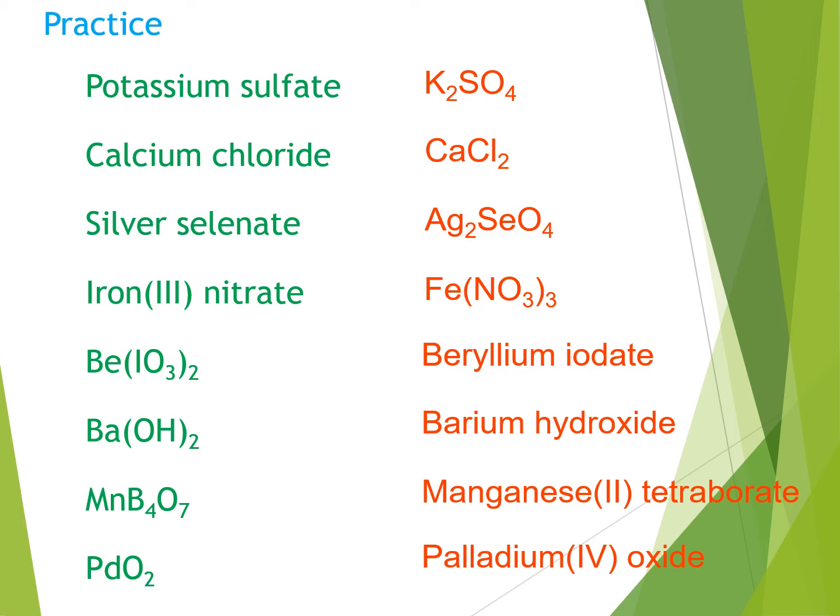Oxygen is -2, so the palladium must be 4. The other option is that is O2. That is peroxide. Now, peroxide is O2 with a -2 charge. So that would be palladium 2 peroxide.